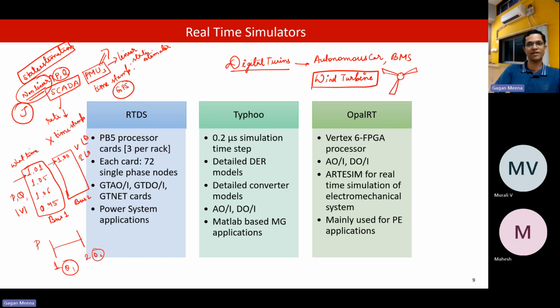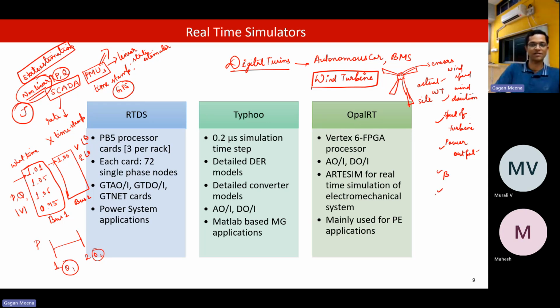There are different sensors through which we collect data, for example wind speed and wind direction, then the rotation speed of the turbine itself, power output, and pitch angle.